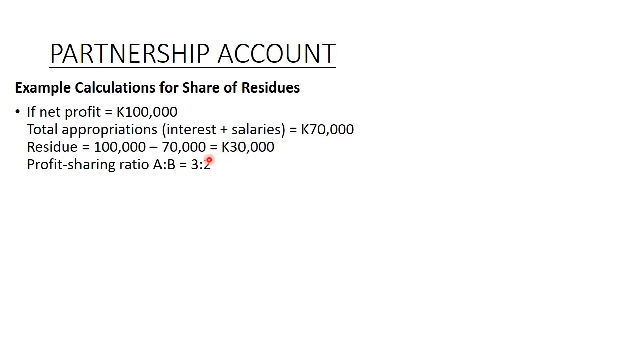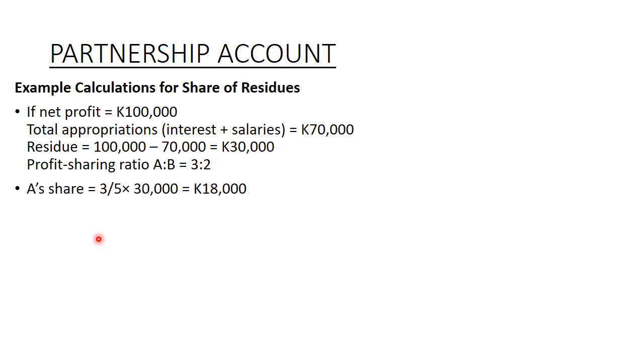Now we have these two partners, partner A and partner B. Their ratio is 3 to 2. This 3 is for partner A. This 2 is for partner B. The total is 3 plus 2, which is 5. The total is very important in calculating the profit that must be appropriated to each of the partners.